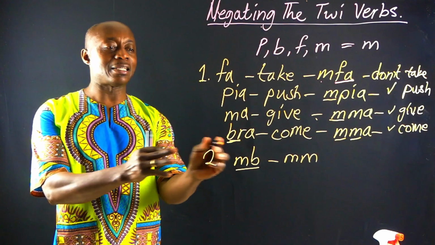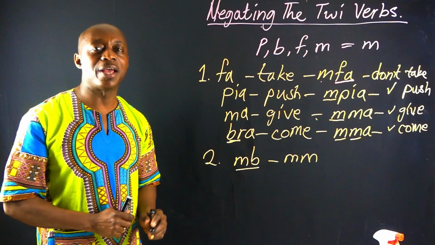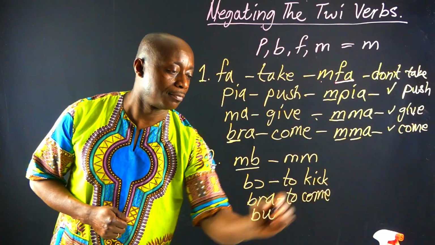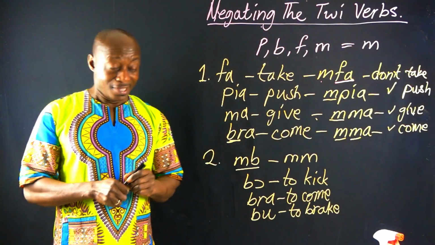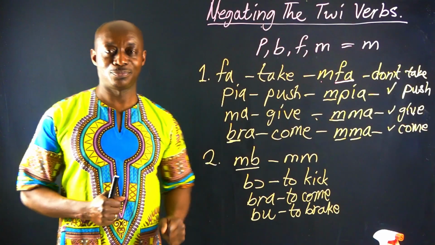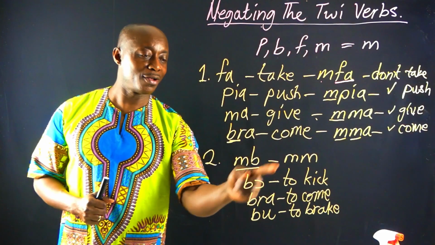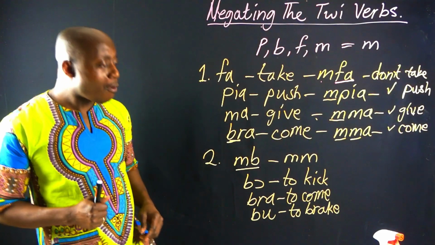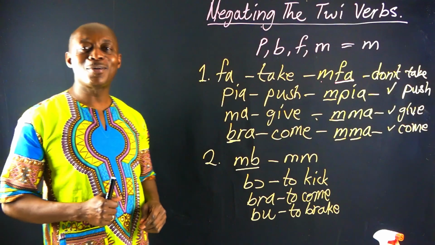Let's look at these examples. Let's get some verbs. Good. We have bo, bra, and then boo. Bo, bra, boo. When we say bo, it means what? Cake. Bo no. Bo no meaning what? Cake the ball.